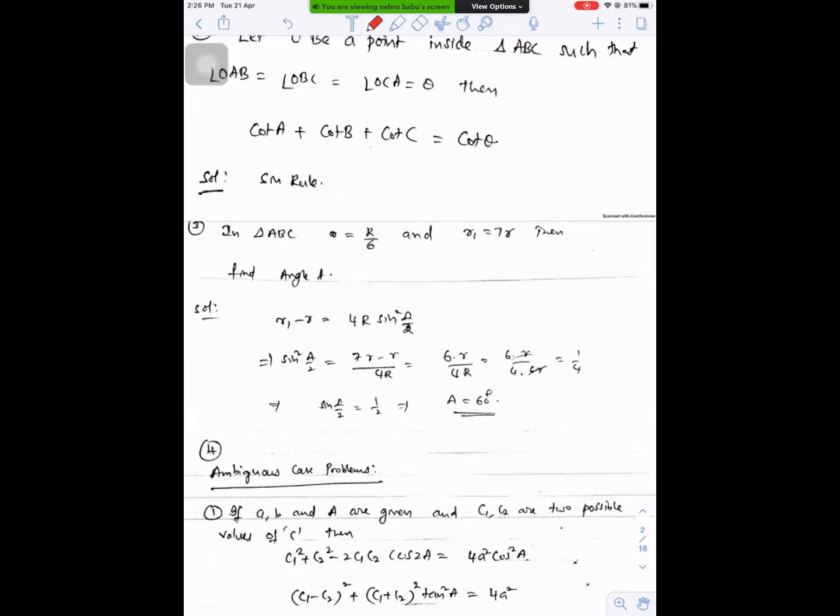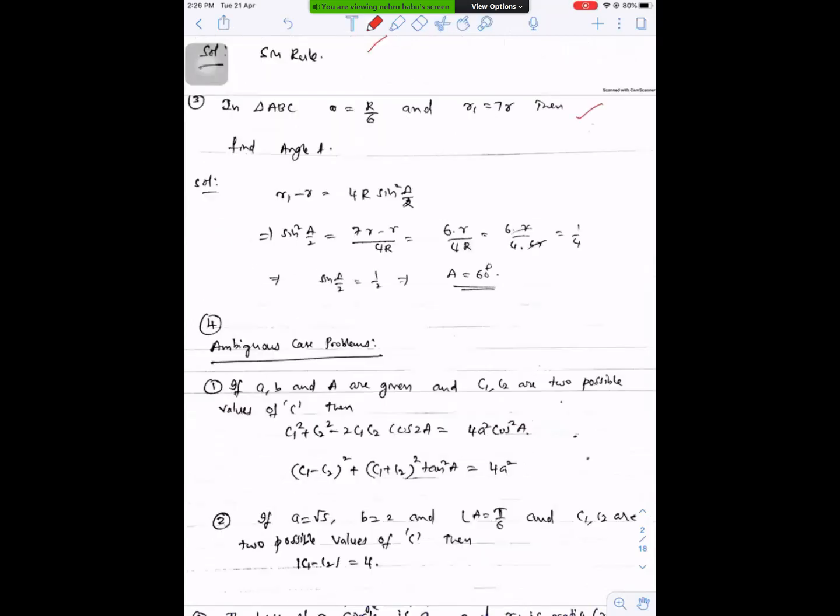And some problem, okay. You solved this type of problem already. Small r equal to capital R by 6 and r1 equal to 7r, then what is angle A? The r1 minus r formula. The r1 minus R is 4R sine square A by 2.